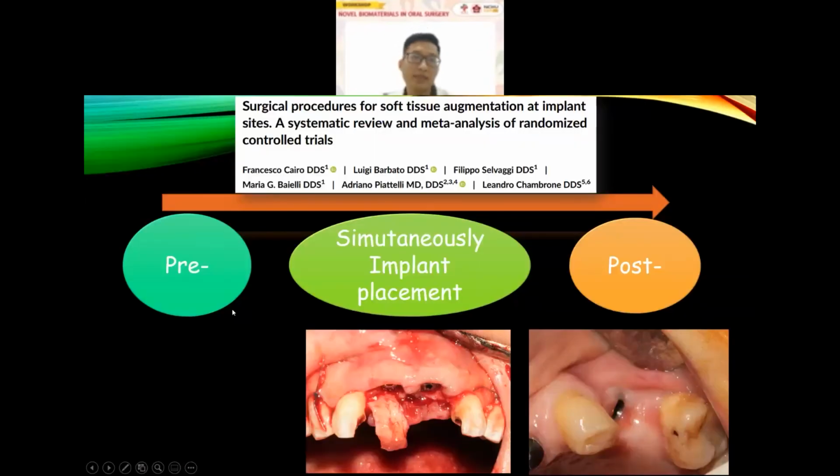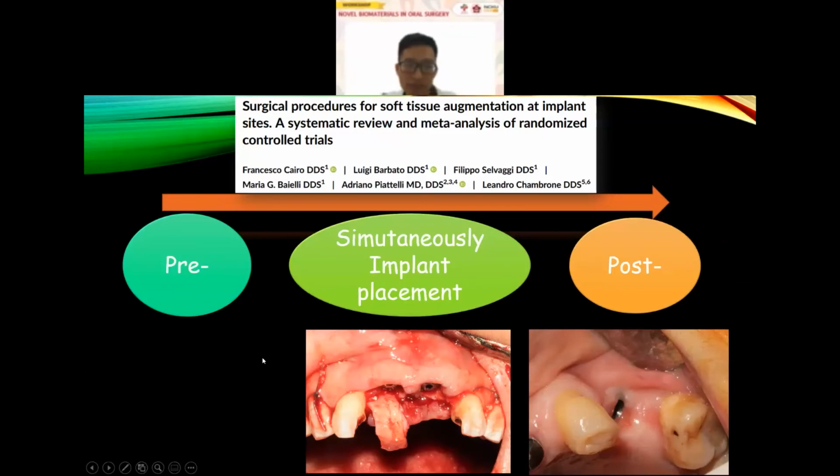So let's talk about the 3 time points for making a soft tissue augmentation around implants. The first is pre-implant placement. The second is simultaneous with the implant placement, and the third is post-placement, as well as post-loading after the delivery of the final prosthetic.